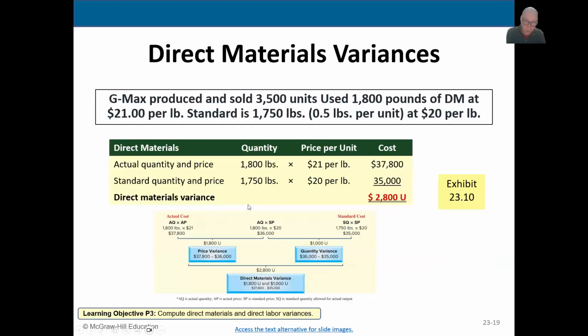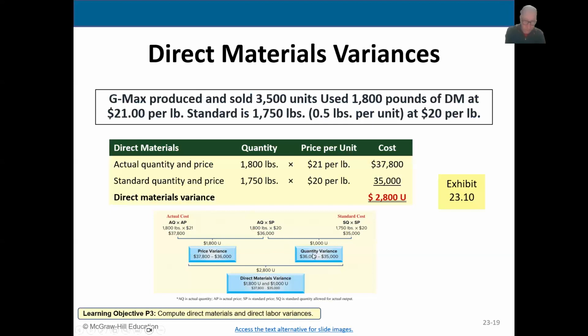So the actual price, $21, minus the standard price, $20, times the actual quantity, 1,800. That gives us a price variance of $1,800 unfavorable. See how we got there?